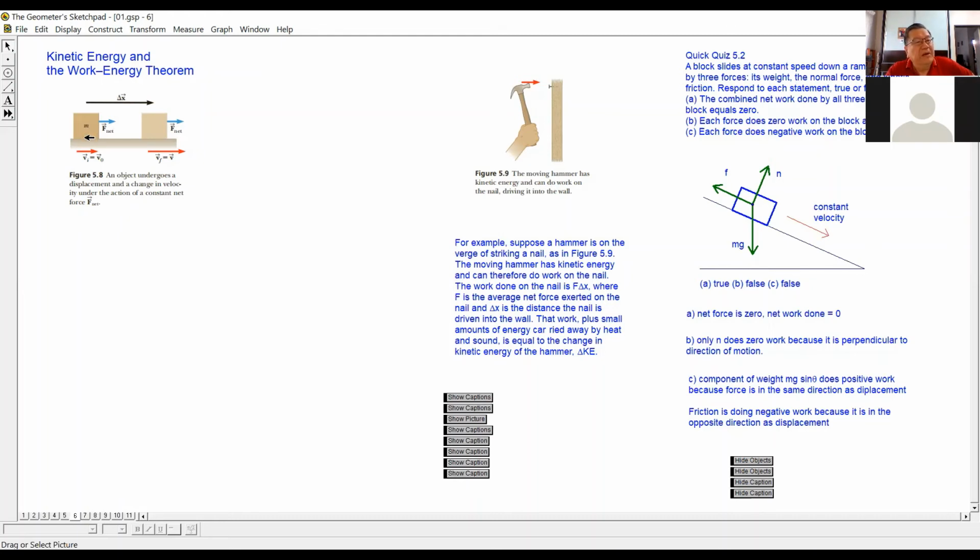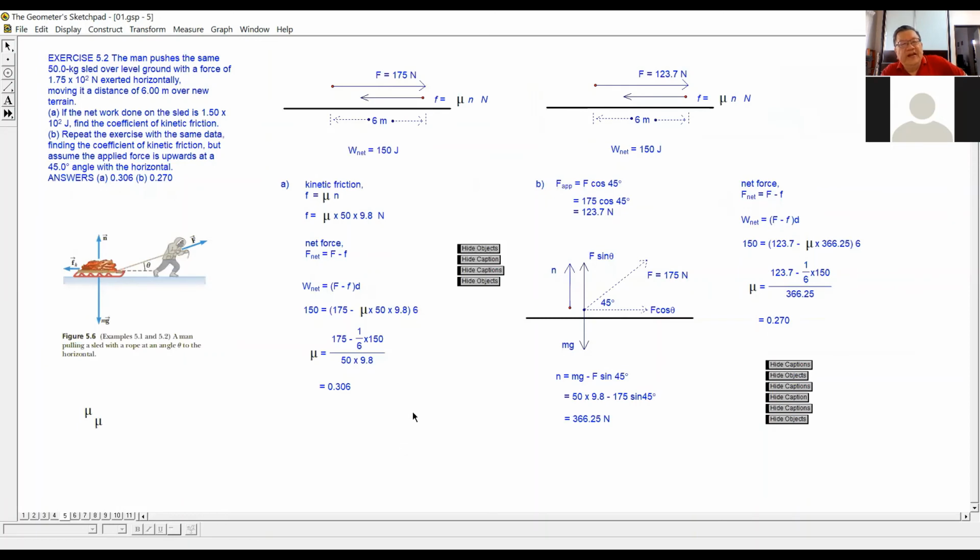Before I explain this, we move back to this page. Let's take this simple example here, right? There is a force of 175 Newton acting towards the right, frictional force acting towards the left.